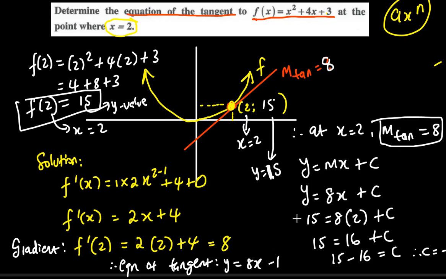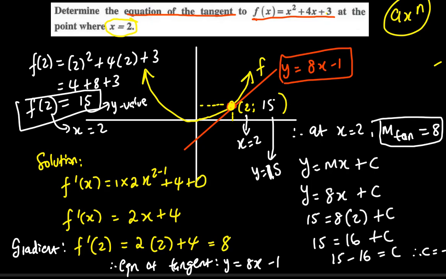Okay, so that is the equation of this tangent here. You can write it as y is equal to 8x minus 1. It's a straight line. That is why we get an equation like this. Okay, I hope that was very, very clear.